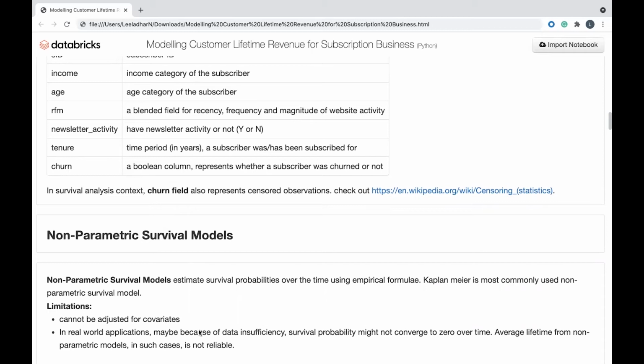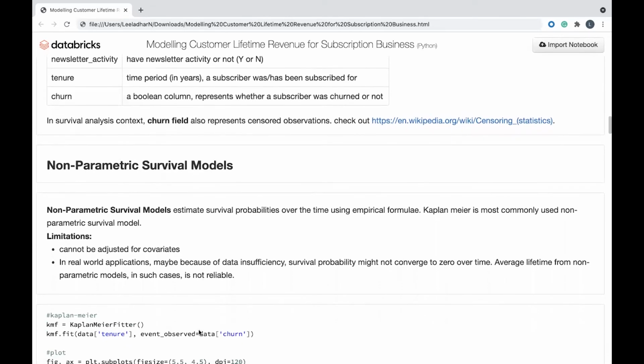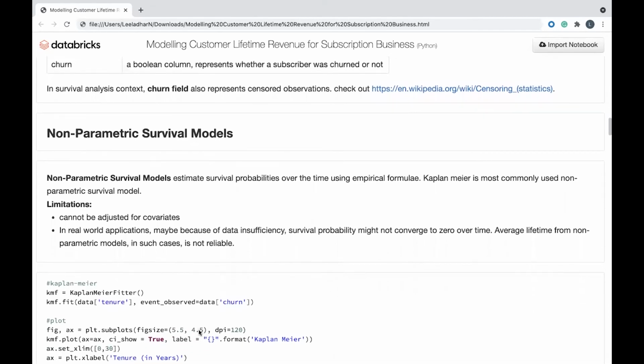And in some real world applications, the survival probabilities might not converge to zero over time, maybe because of some data insufficiency or some other reasons. But estimating average lifetime from such models is not reliable. And Kaplan-Meier is the most commonly used non-parametric survival model.